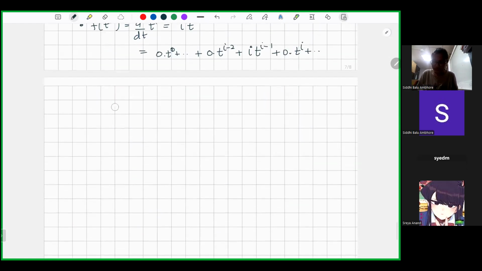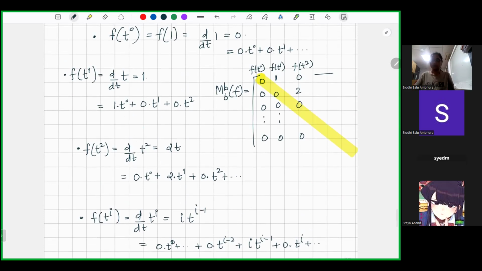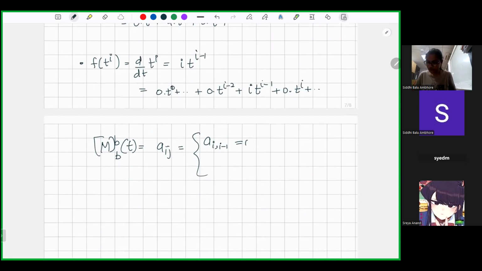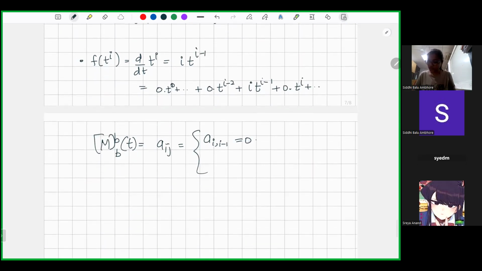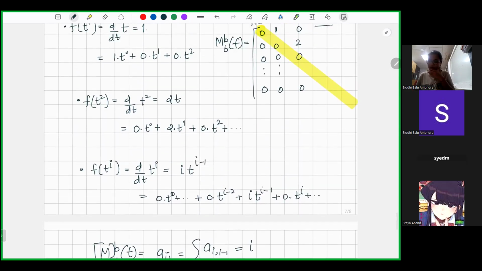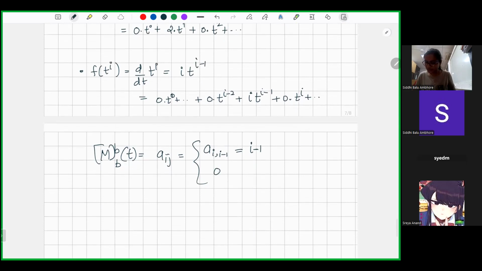it is like this. This matrix M_BB of f is A_ij such that A_i,i minus 1 is i minus 1, and 0 otherwise.